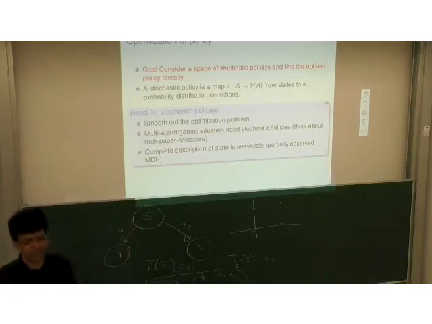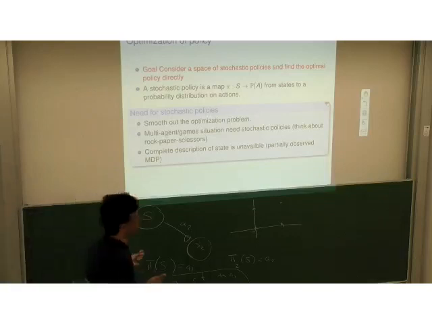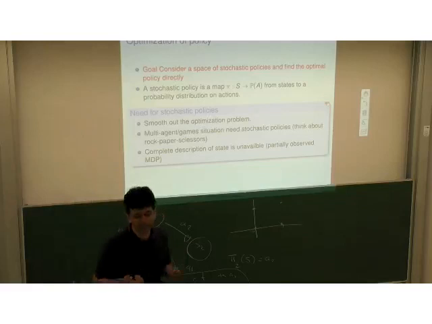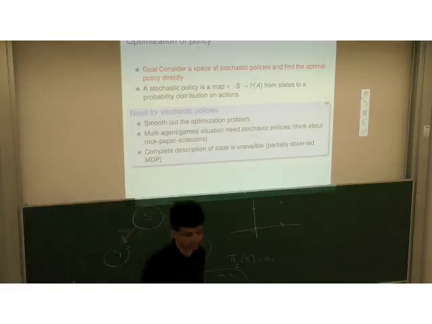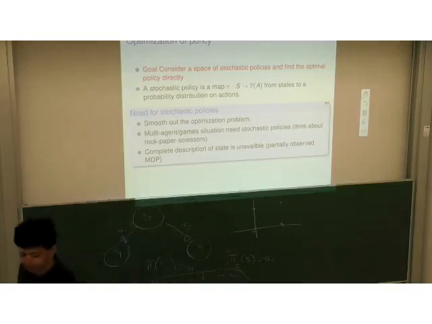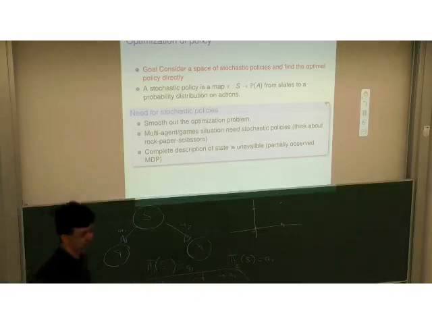A lot of things are invisible. So that is why you cannot be deterministic. In the real world, you cannot be deterministic. So before we go into all the steps, we will assume our policies are stochastic. This is an important part of the deal.